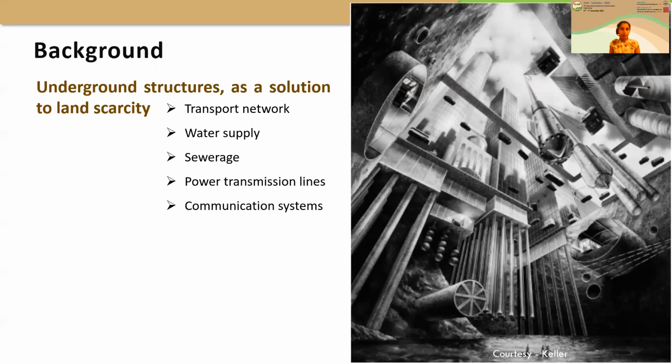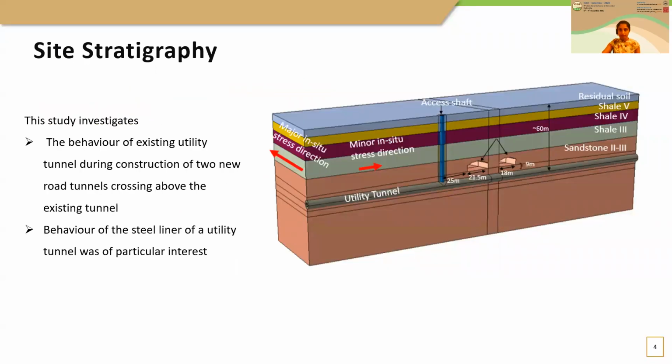This is an area which has been studied quite well. However, most of these studies have been done in clay soil, which is mostly stiff clay. When looking at Sydney stratigraphy, it's mostly rock. As you can see in this typical section, we can find quite thin layers of residual soil and weathered rock, and then competent shale and sandstone layers at shallow depths.